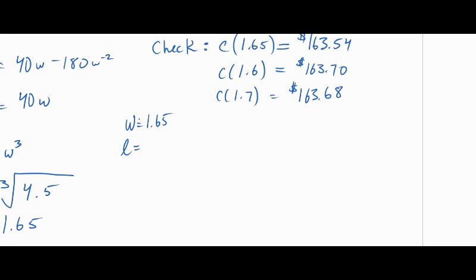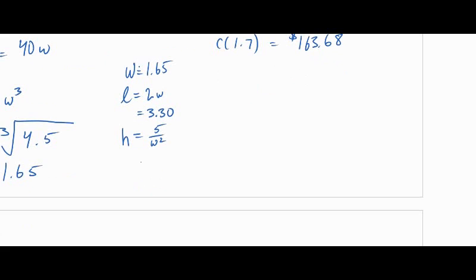The length is twice that, which works out to 3.30. And the height, remember, is 5 over w squared. And that works out to approximately 1.83.